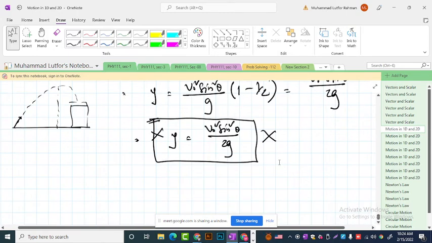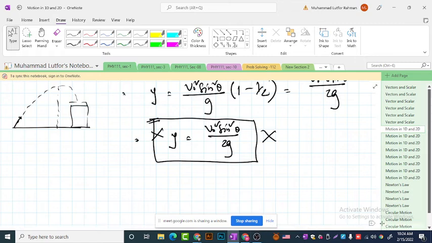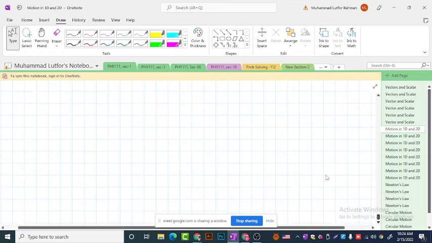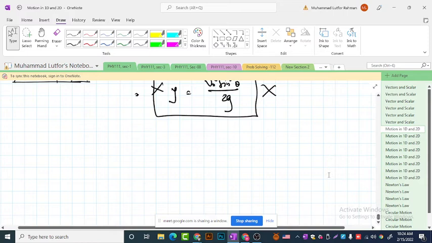This maximum height equation you can find another way actually, depending on the information. Sometimes we use the equation vy square equals v naught y square minus 2gy. In that case, vy would be 0, the final velocity at the maximum point, right?